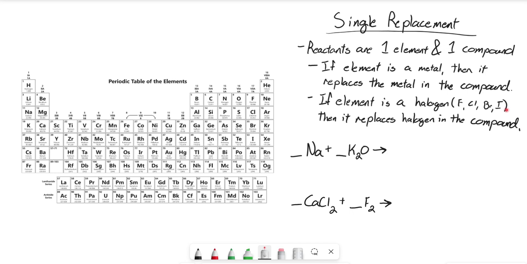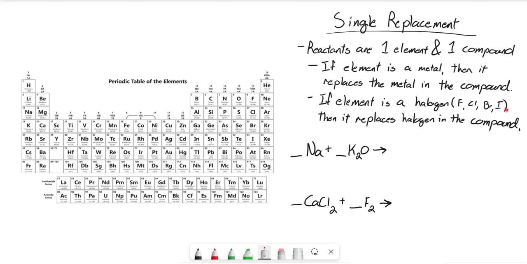In every single case, though, it is extraordinarily important to recognize that the element and compound that you're going to make, one, the element may be diatomic, it may not be. We have to be mindful of that, but we can always be confident that the compound that we're going to write is going to be ionically bonded.